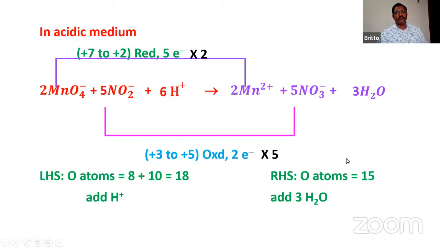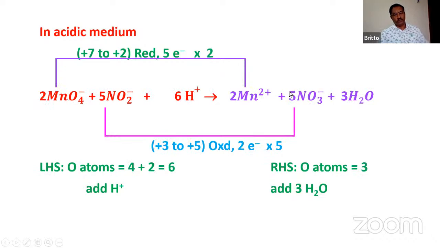Okay, so this is in acid medium. Remember that. Now how to do it in basic medium: there is a very simple trick. First remember the steps. Quickly, draw the link, identify the oxidation and reduction, and write how many electrons are involved. Once you find the reduction and oxidation, write how many electrons are involved. If the electrons are the same, no problem; if they are different, we have to cross multiply. Then immediately put the number in front in that equation itself.